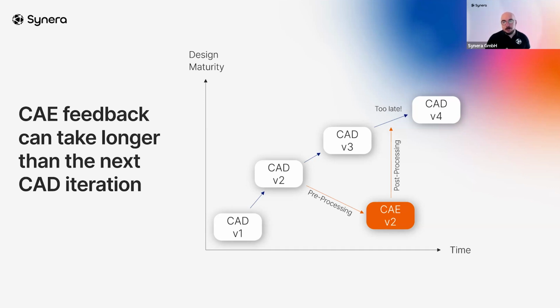While they're doing that analysis, it's probably going to take them a couple of weeks because they've got a pile pretty high of work on their desk, because maybe there are only 10 simulation engineers to 100 or 1,000 designers. In the meantime, your design team is already iterating on version 3 or maybe even version 4 of the design before they get feedback from the simulation team.